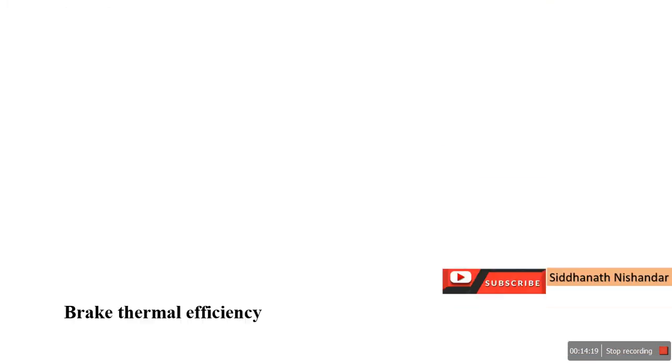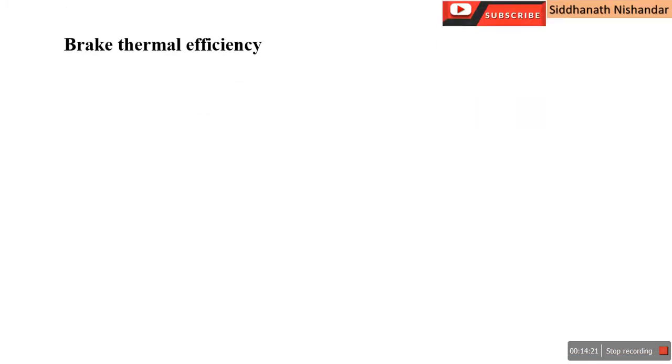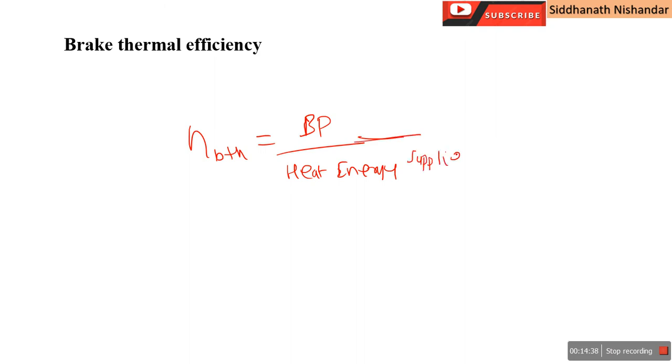Then next term, the brake thermal efficiency. Okay, I write the formula: brake thermal efficiency equals brake power upon heat energy supplied by fuel. So what is the purpose of this efficiency?